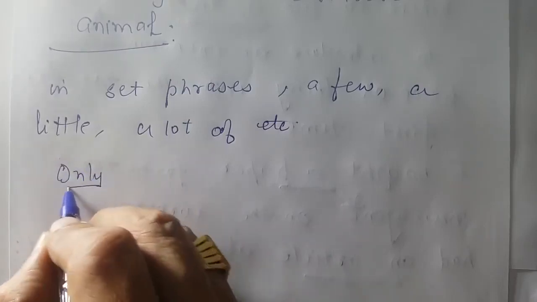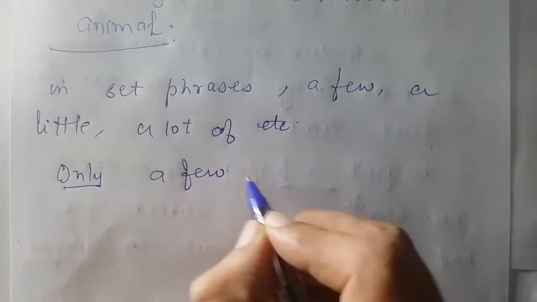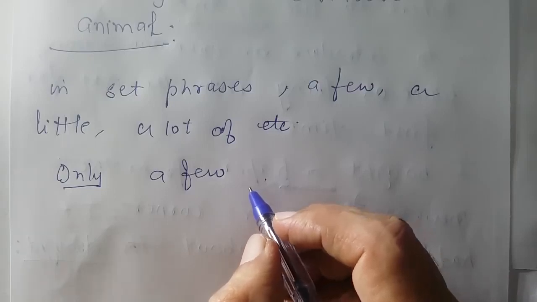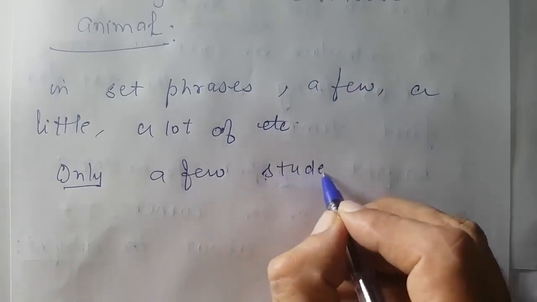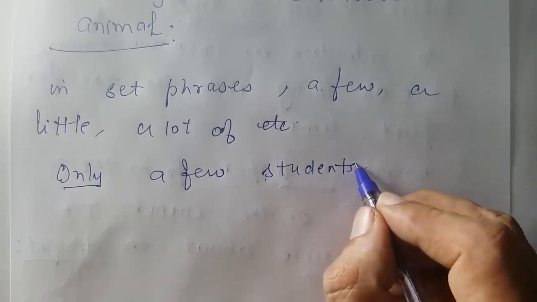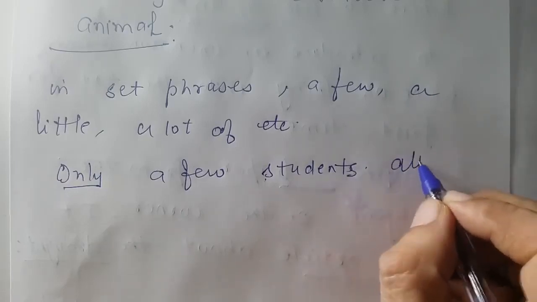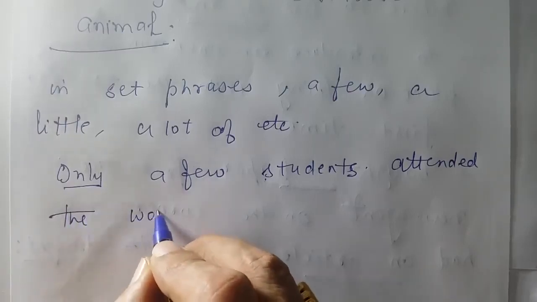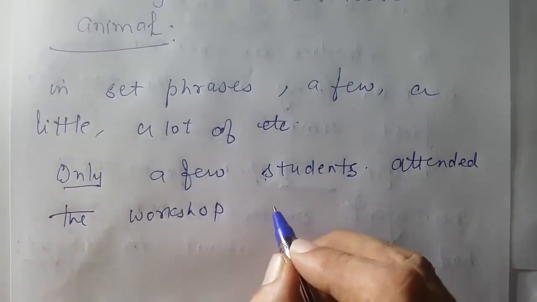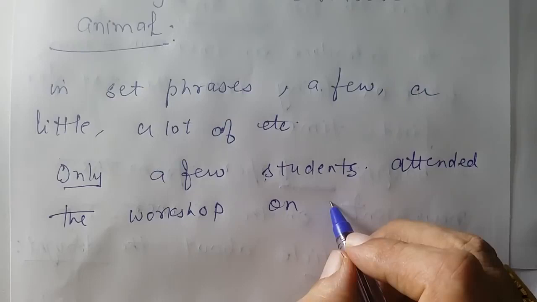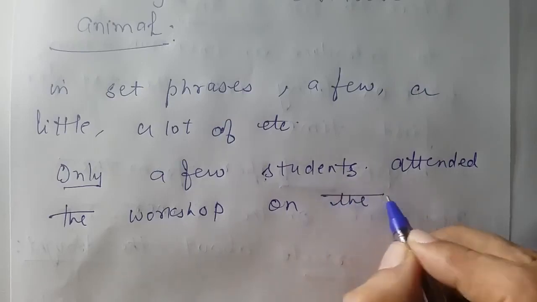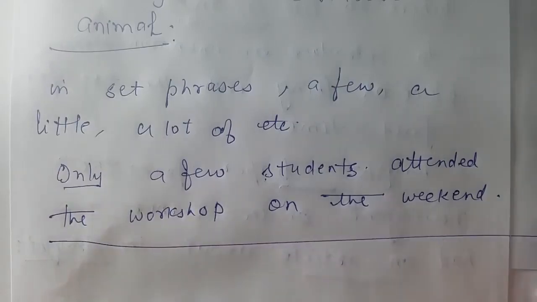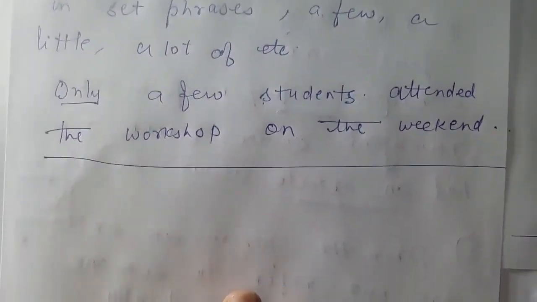But it has positive sense also. Remember this thing. Few students. Only a few. So can I go with s here? Students attended the workshop. So this is the point here.